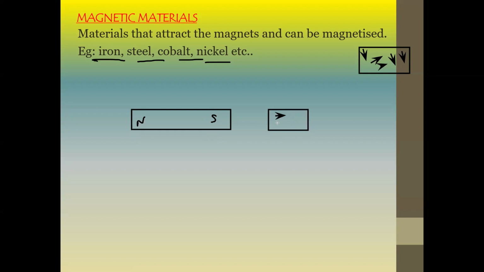As the domains are aligned, we call that a magnetic material. But what if we have another material, for example copper, aluminium, wood, or any other like plastic?